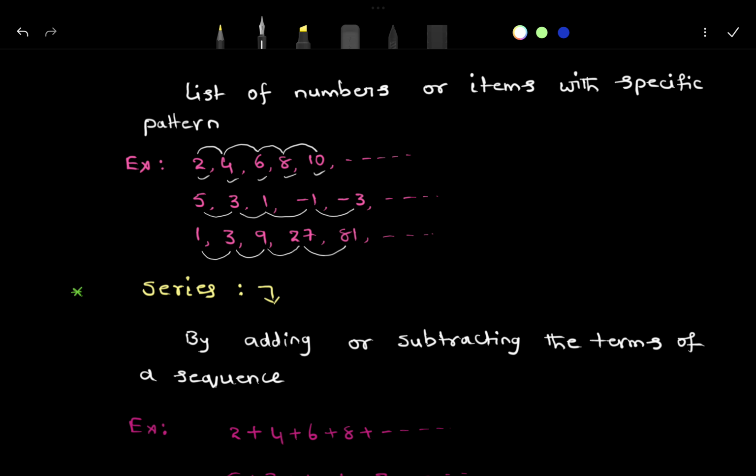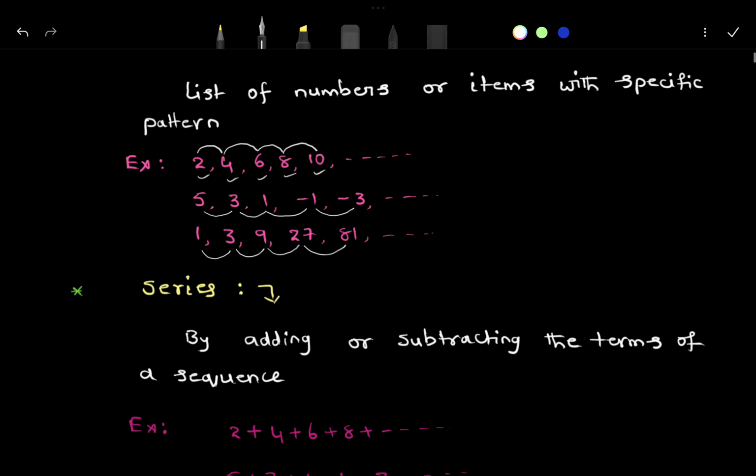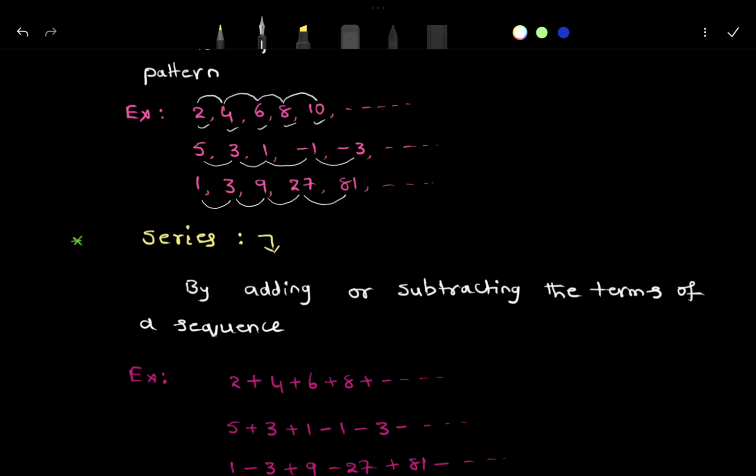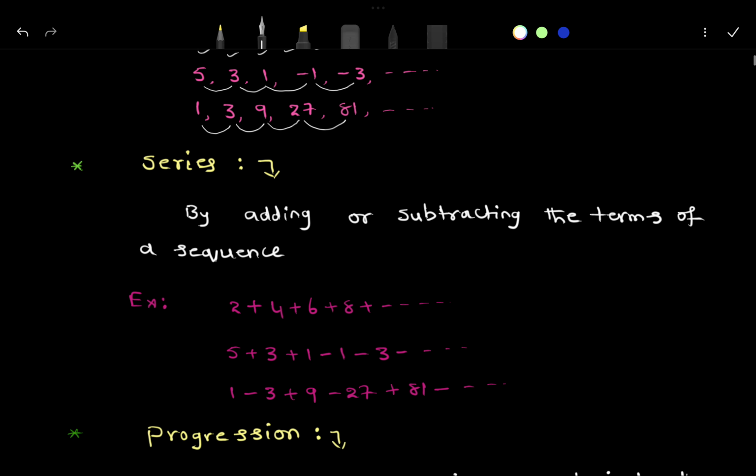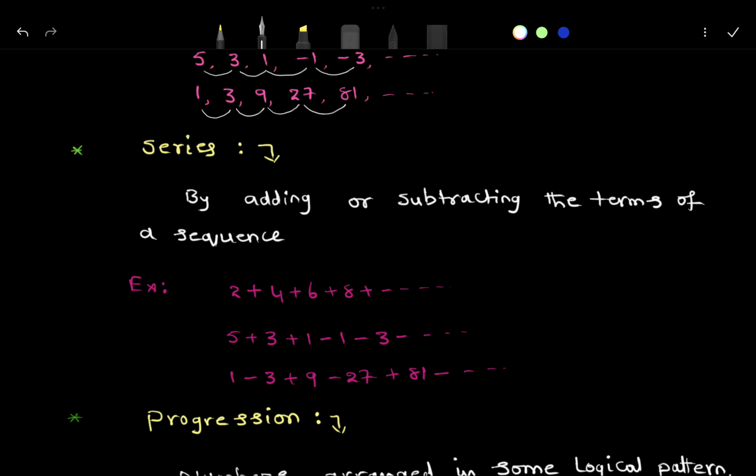Now, what is a series? A series is formed by adding or subtracting the terms of a sequence. By observing the examples below: 2 plus 4 plus 6 plus 8 and so on. The difference between 2 and 4, 4 minus 2, is 2, and 6 minus 4 is 2, and 8 minus 6 is 2.